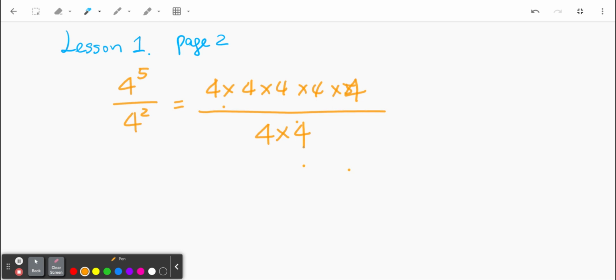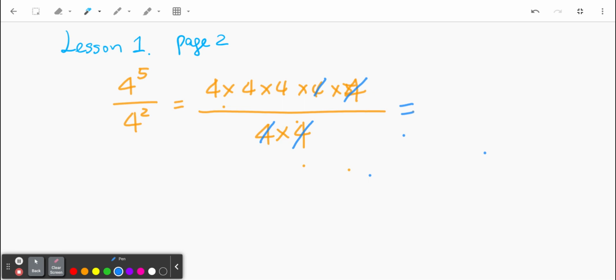So can we cancel out some 4s right here? Yes. How many 4s can you cancel out from the top and the bottom? 2. Very good. Look at the TV, y'all. You can cancel out one 4. 4 and 4 divide, it's canceling out, giving you a 1. Another 4 can cancel out. How many 4s multiplying each other have we left? 3. Very good.